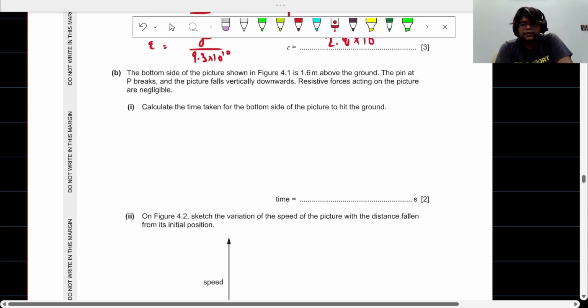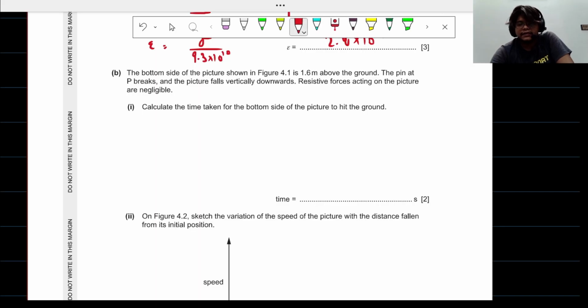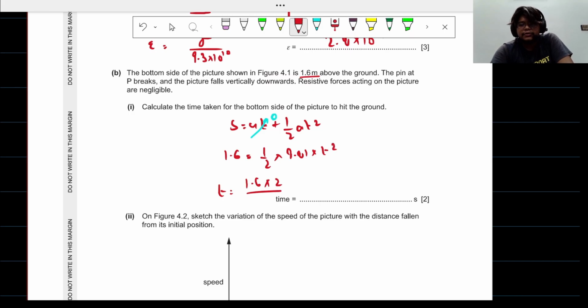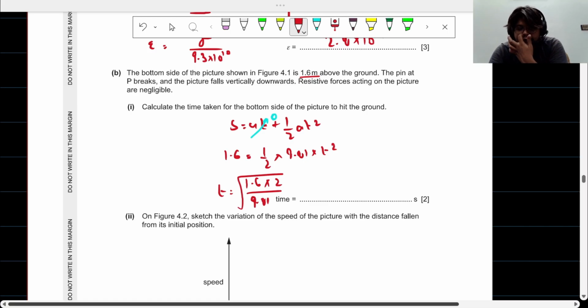So we can apply the equation of motion s equals ut plus half at squared. Because it falls from rest, the ut term is 0. The distance it drops is 1.6 meters, the acceleration is 9.81, and we need to find time squared. So time would be the square root of 1.6 times 2 divided by 9.81, which is 0.57 seconds.